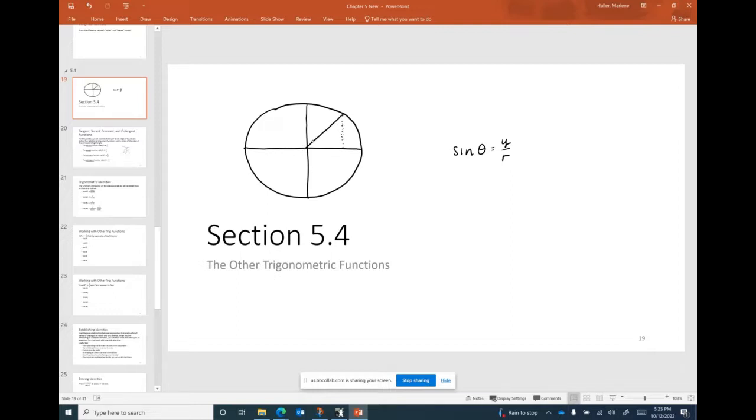All right, so the angle would be theta, right? The terminal side of that angle has a terminal point that has some x coordinate and some y coordinate, right? And then the radius of the circle has a measure.